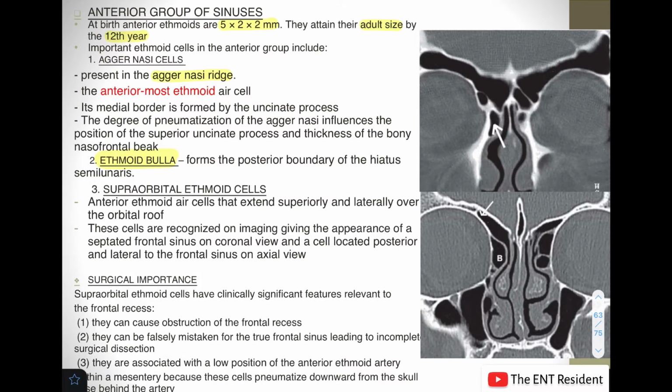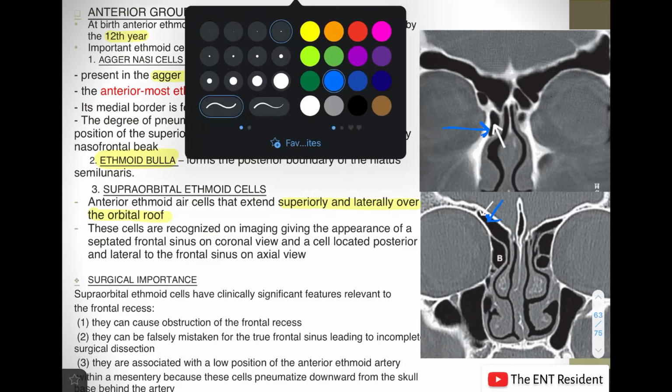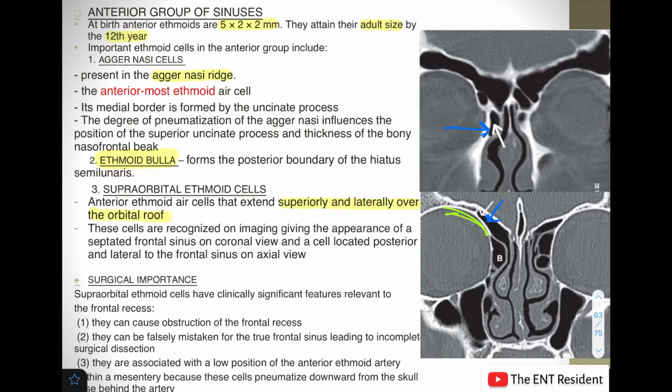In this picture you can see this is the Agger Nasi cell, and this here is the supraorbital ethmoidal cell. The supraorbital ethmoidal cell is basically when an anterior ethmoid air cell extends superiorly and laterally over the orbital roof. So you can see over here that this is the orbital roof.